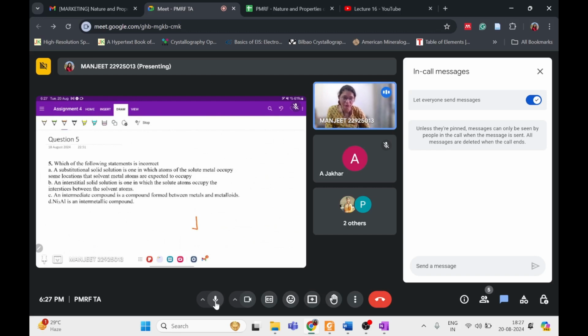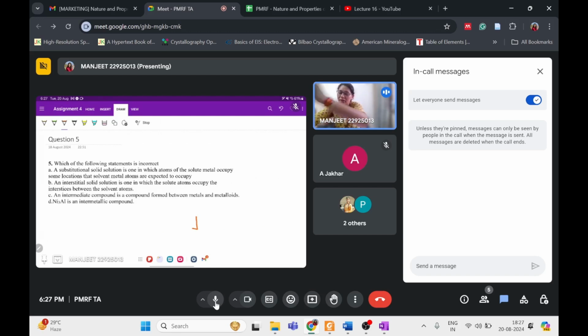First one: a substitutional solid solution is one in which atoms of the solute occupy the same location that the solvent metal atoms are expected to occupy. B: an interstitial solid solution is one in which the solute atoms occupy the interstices between the solvent atoms. Third: an intermediate compound is a compound formed between a metal and a metalloid. Fourth: Ni3Al is an intermetallic compound.